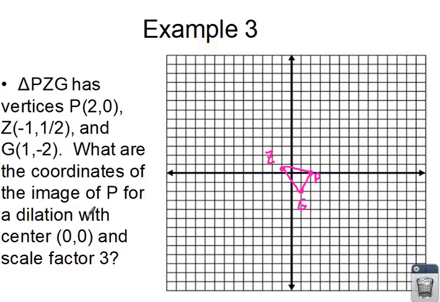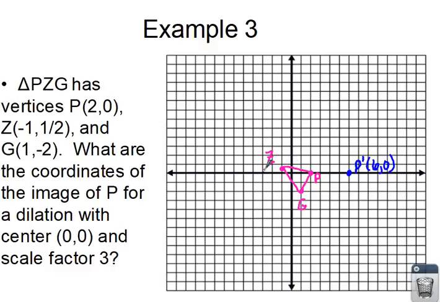So everything gets 3 times bigger. So if we look at the triangle, we'll just do the whole triangle. P is at 2, 0. It goes all the way out to 6, 0. So it goes all the way out here. P prime is 6, 0, because it gets 3 times as big. Z is at -1 and a half.